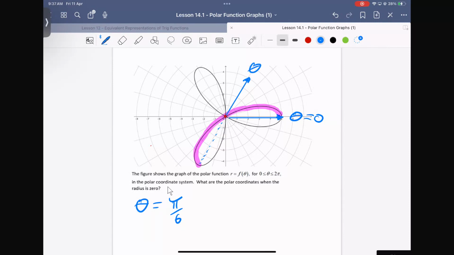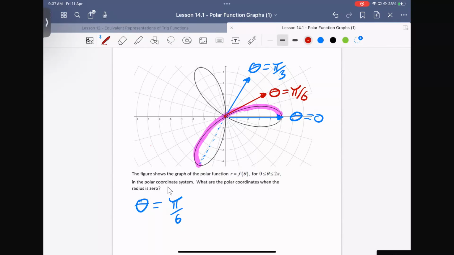This is at theta equals pi over 3. What is halfway between these two? Pi over 6 is halfway between these two. So we are going to have our 0 at pi over 6.